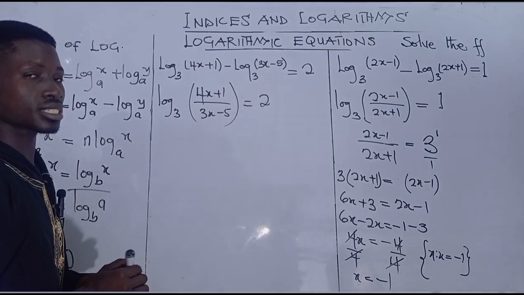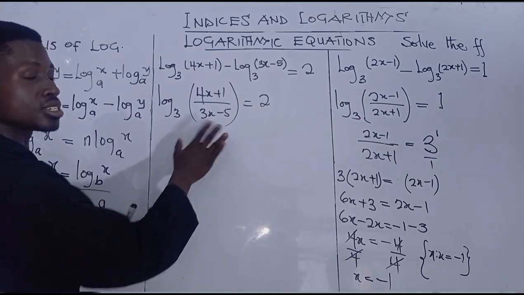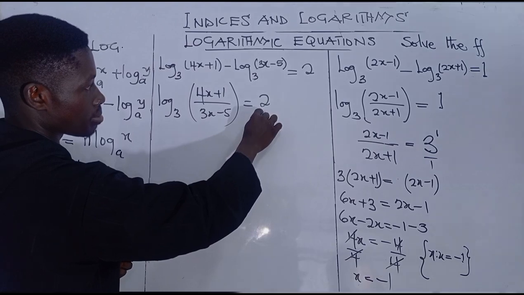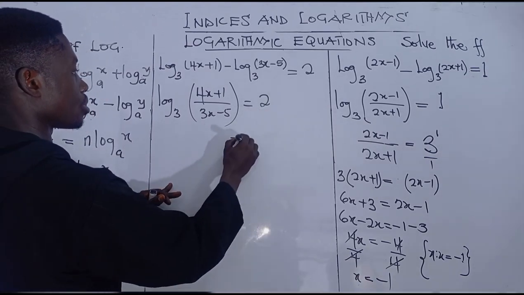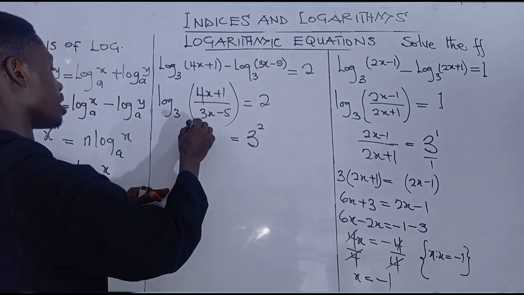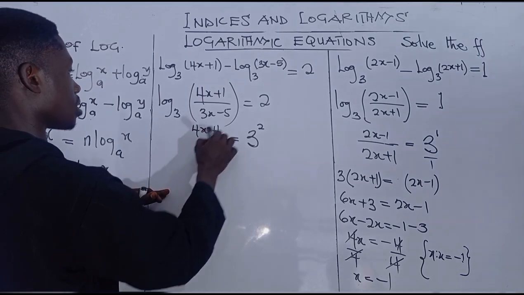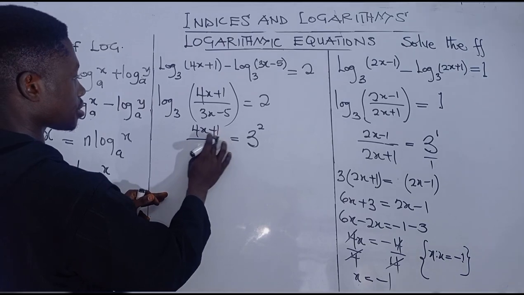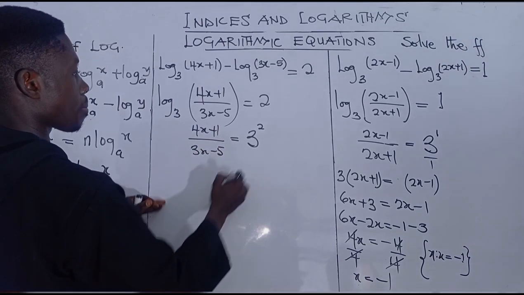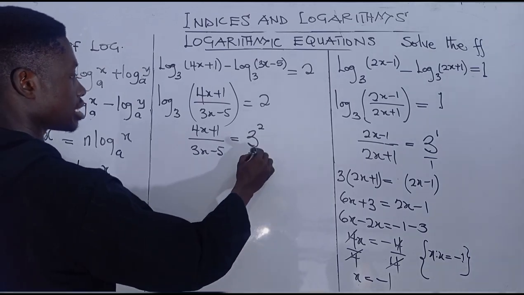Now once you have this, we can convert this into an exponential equation. So the base of the logarithm will become the base of the 2. So we have 3 raised to the power 2. We are left with 4x plus 1 all over 3x minus 5. Now let's do our cross multiplication.